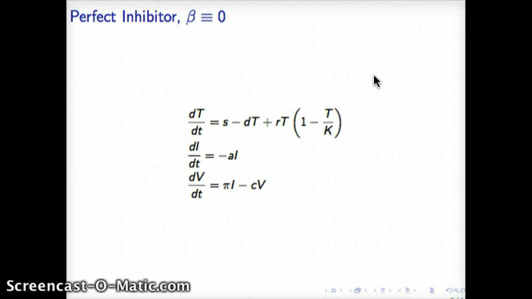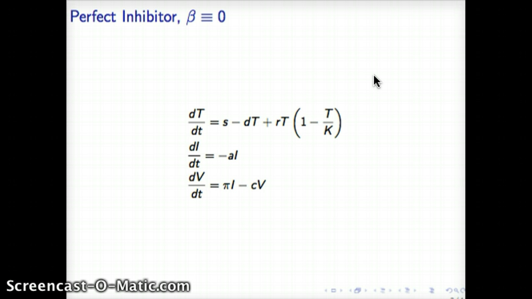And in a way, these state variables, at least the first two, are now independent of each other. This word independent is something that you would say in mathematical terms: they're decoupled. These equations are decoupled.